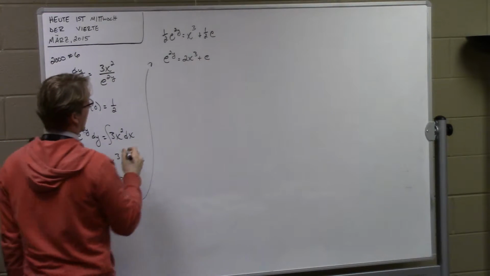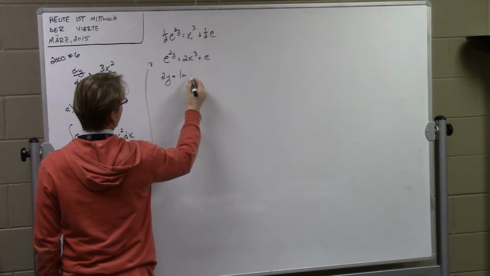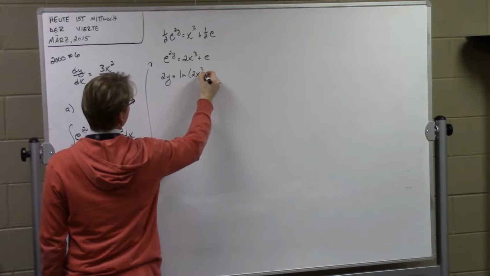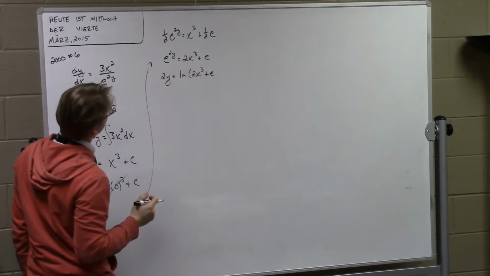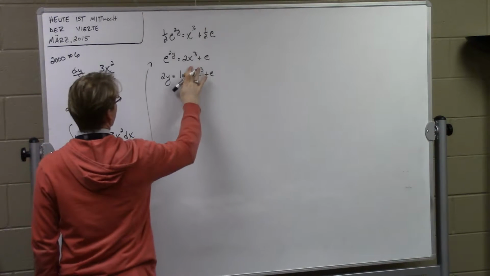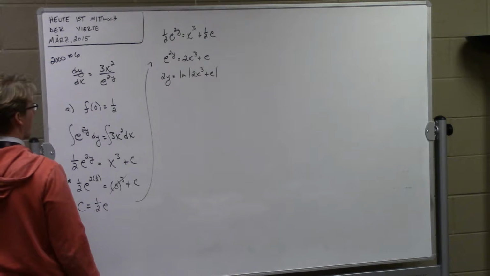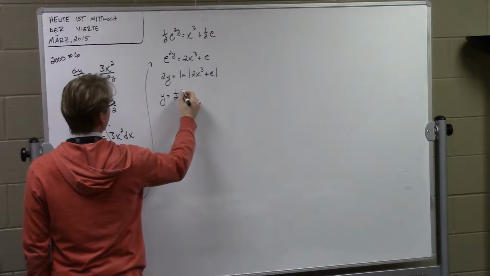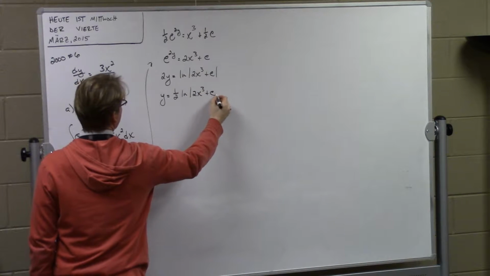Take the natural log of both sides, so we get 2y is equal to the natural log of 2x cubed plus e. And then y is going to be equal to 1/2 natural log absolute value of 2x cubed plus e.